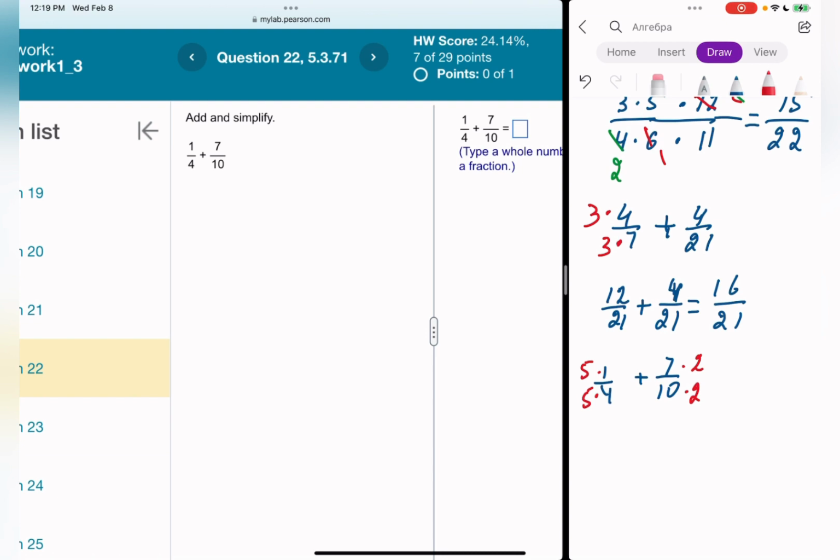So whatever change I do to the denominator, the same change I do to the numerator also. And I am getting 5 over 20 plus 14 over 20. And I'm getting 19 over 20.